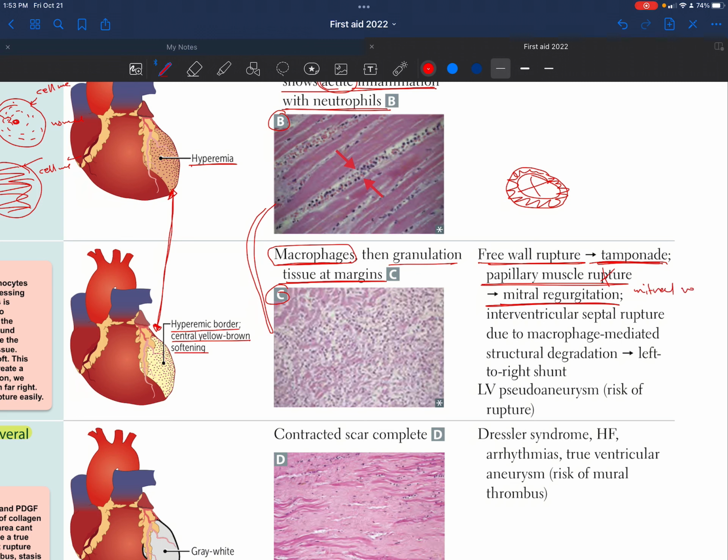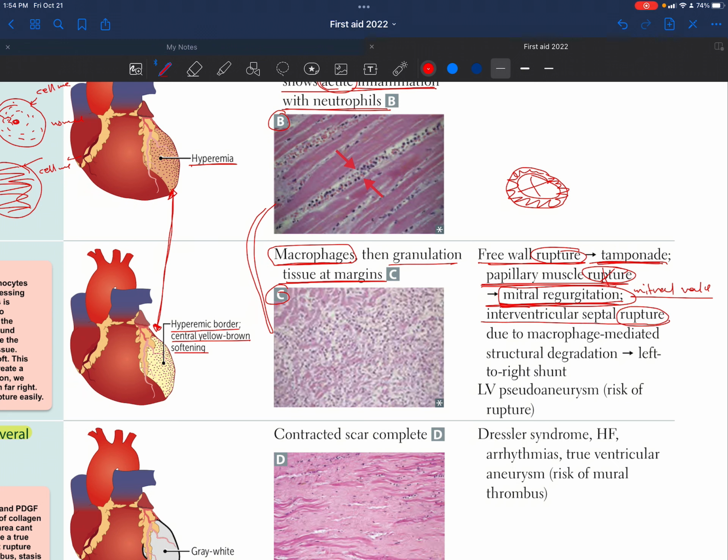So basically we're talking here specifically about the mitral valve. If its papillary muscles rupture, it will lead to mitral regurgitation. Of course, the muscle that was attaching it so tightly would rupture, so it definitely will get flappy and turn into mitral regurgitation. All of these are possibilities of rupture.